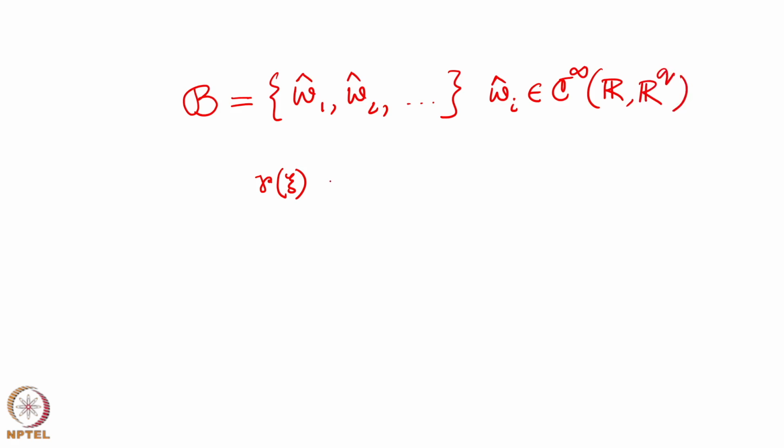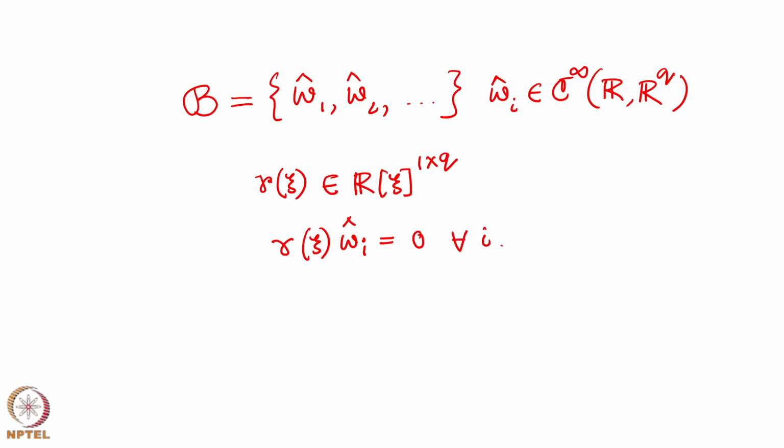And I am asking, can I find a row vector of size q such that R(ξ), when it acts upon these trajectories, takes them to the 0 trajectory for all i?